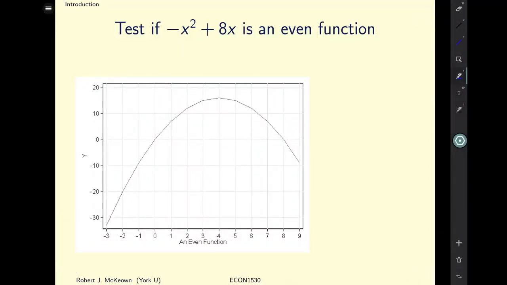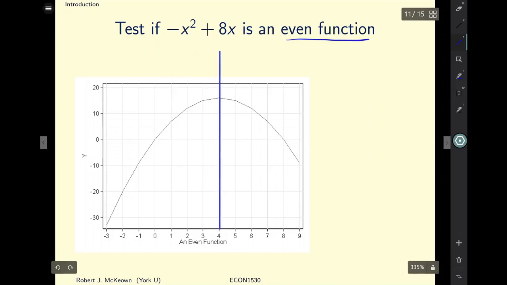Now let's test if this function is an even function, if it's symmetric around a line on the y-axis. So perhaps something like that, right? And to test it, well, we know that in the previous example, we found that the max occurs when a is equal to 4.